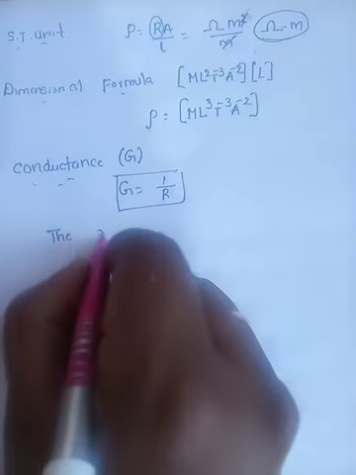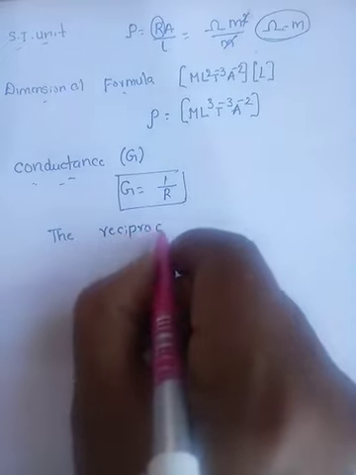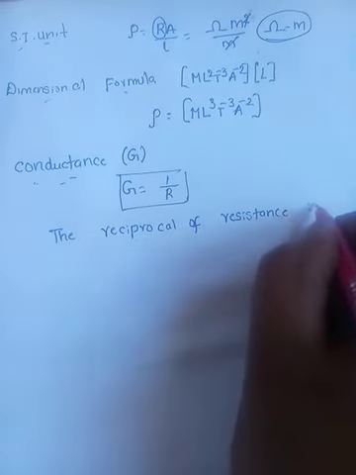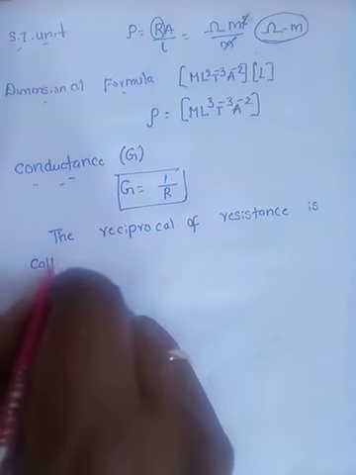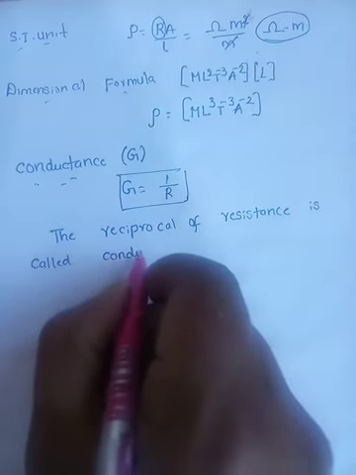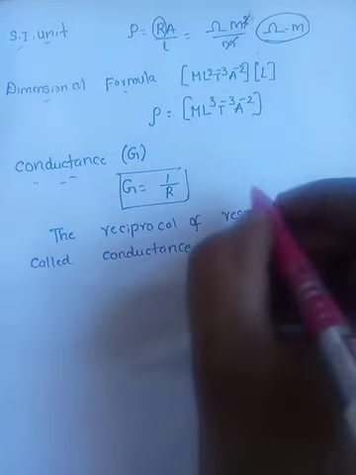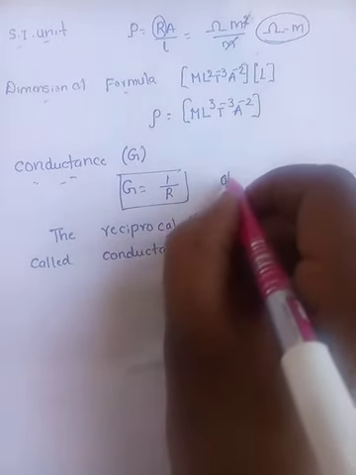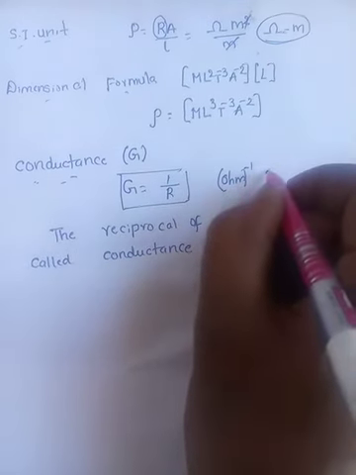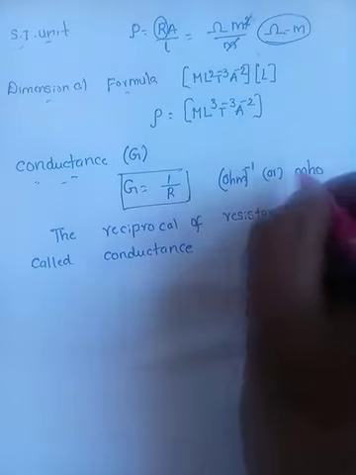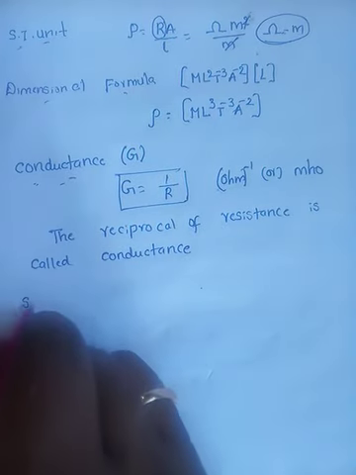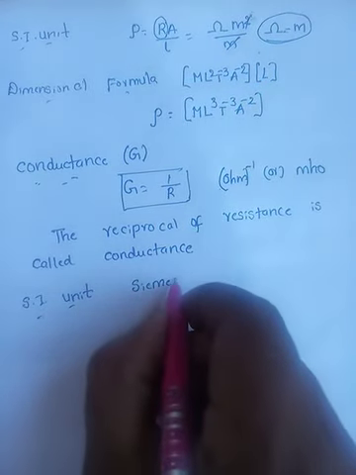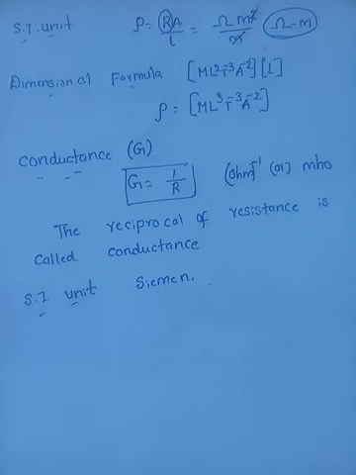So the reciprocal of resistance is called conductance. What about the units? Inverse of ohm, right? What is the inverse of ohm? Ohm inverse, or mho, or one more is Siemens. Okay, just the dimension of the reciprocal of resistance.